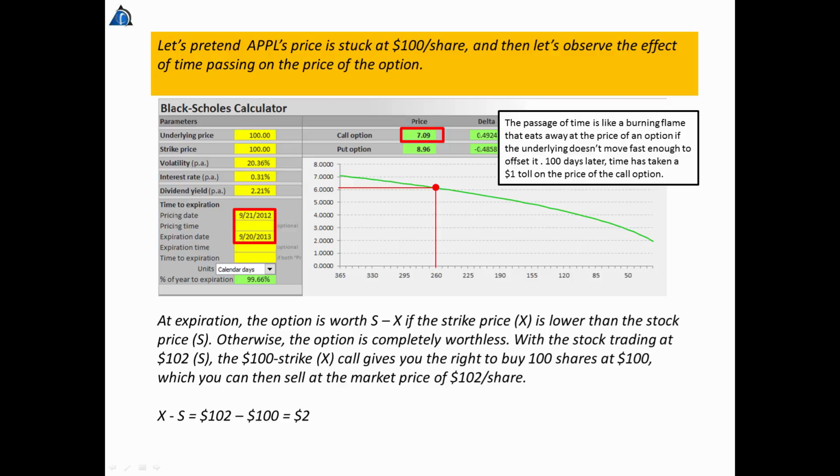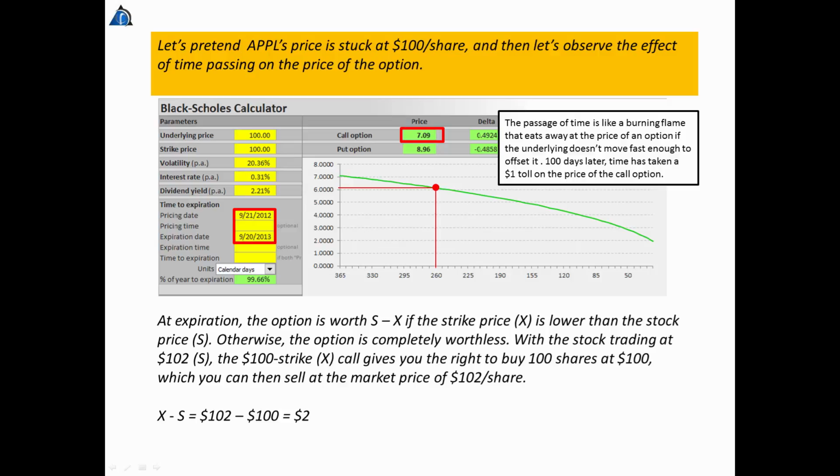Now, what do I mean by fast enough? I said the price of the stock must move in your direction, and not just in your direction, but fast enough in your direction. Otherwise, the call option that you bought could be in trouble. To illustrate, let's go back to the day when you bought the option. It was September 21st, 2012.